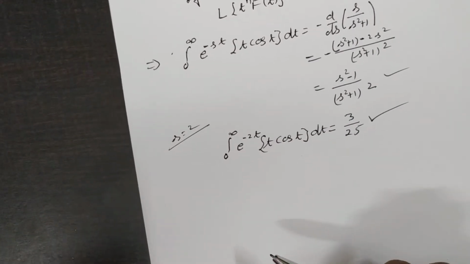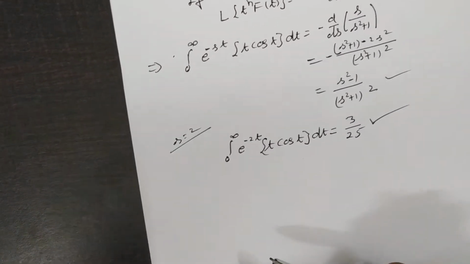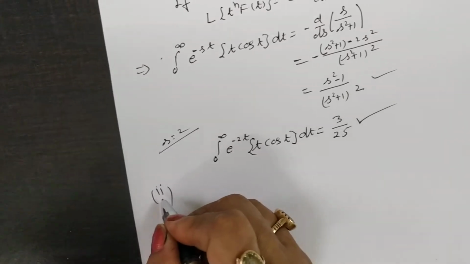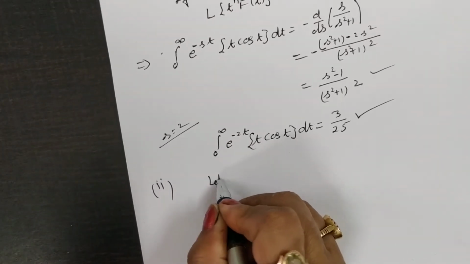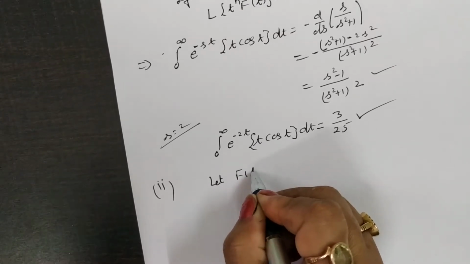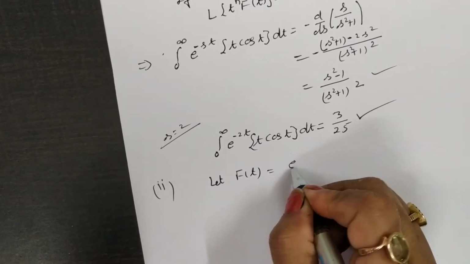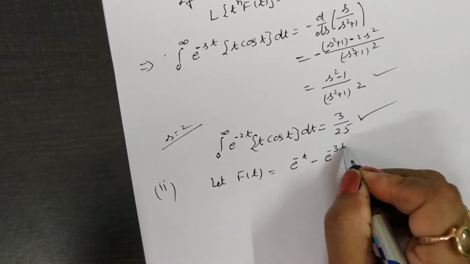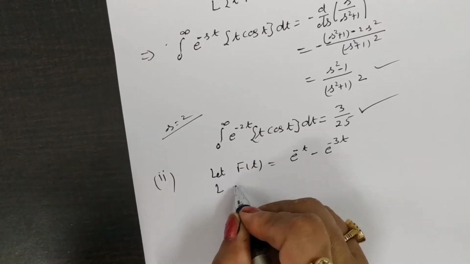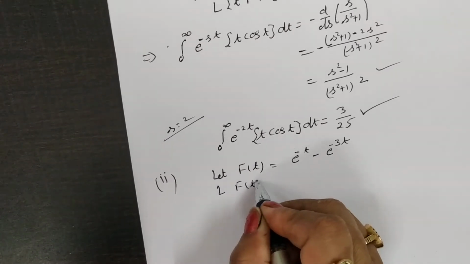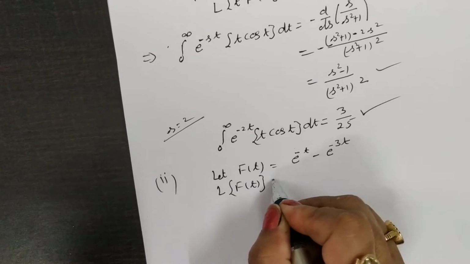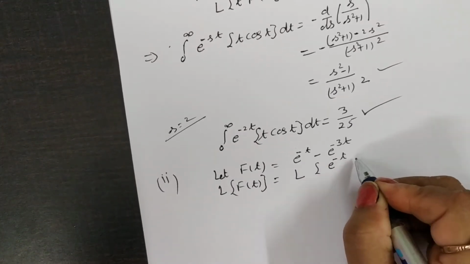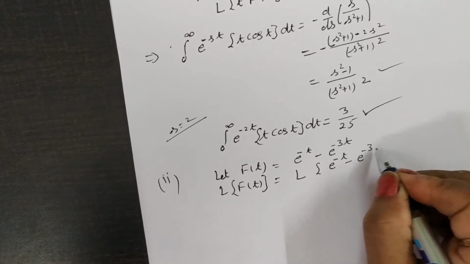Now similarly you can solve the next question, part 2. Let f(t) be equal to e to the power minus t minus e to the power minus 3t, and the Laplace of f(t) is equal to the Laplace of e to the power minus t minus e to the power minus 3t.